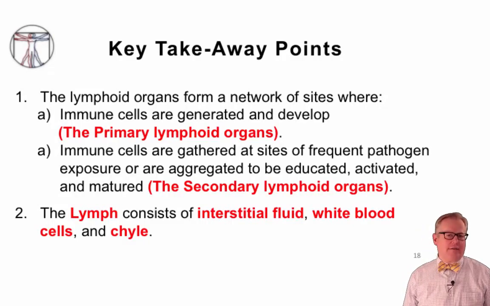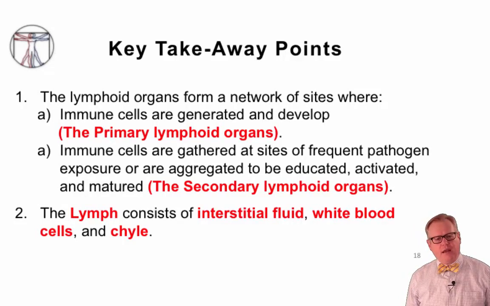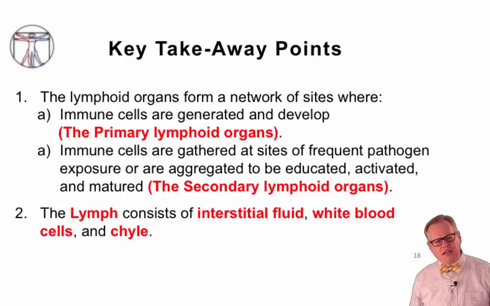These are the secondary lymphoid organs, including the spleen, the lymph nodes, the tonsils, the adenoids, and the mucosa-associated lymphoid tissue. The second take-home point is that lymph is a bodily fluid that consists of interstitial fluid that bathes the tissues, white blood cells that leave the vascular space to migrate through the tissues, and chyle.